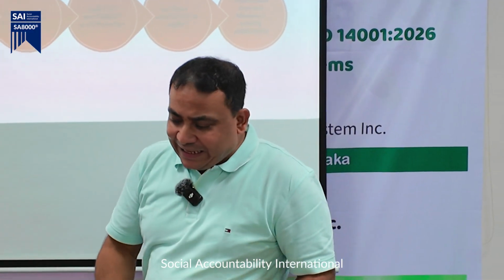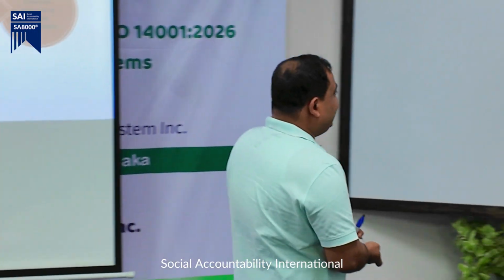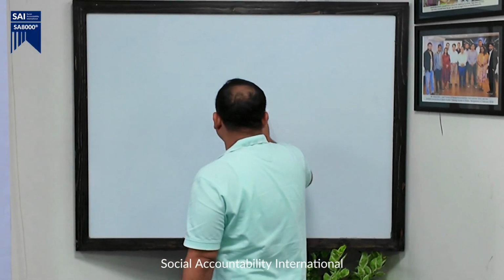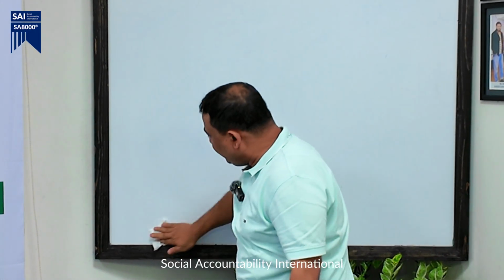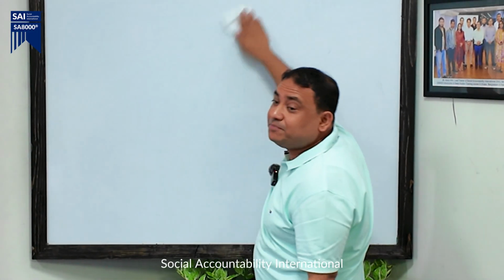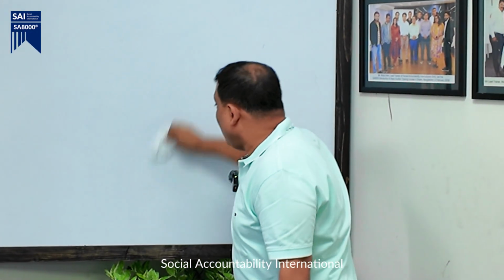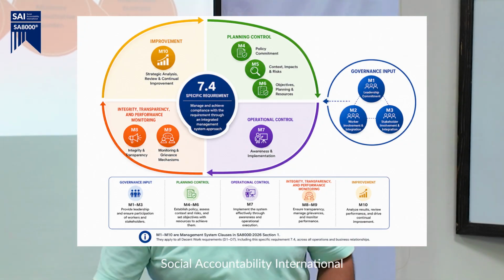But in SA8000, it is expected that these operational criteria, this management of business partners, will be handled in an effective and efficient management system. So, what is that management system? That is the requirement of M1 to M10 of the SA8000 standard.